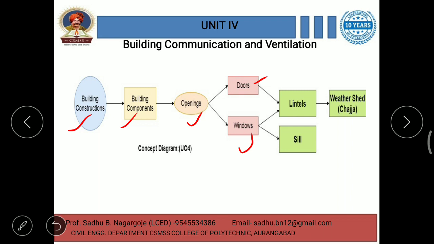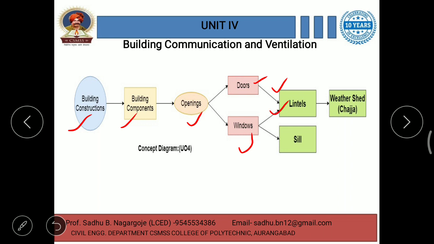Lintels are provided at the top of doors as well as windows. Just clear this concept diagram. For doors, lintels are provided at the top, as well as for windows, the lintels are provided at the top.